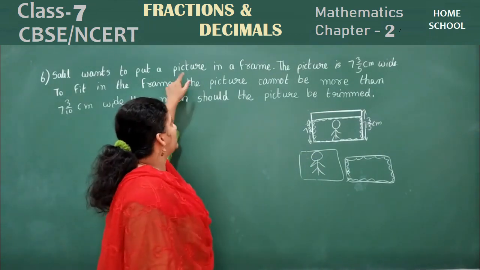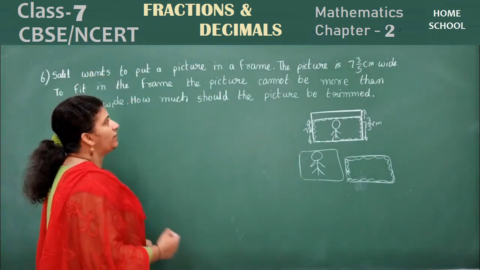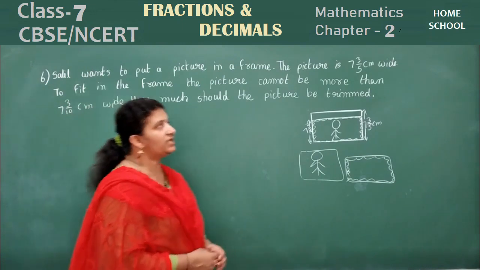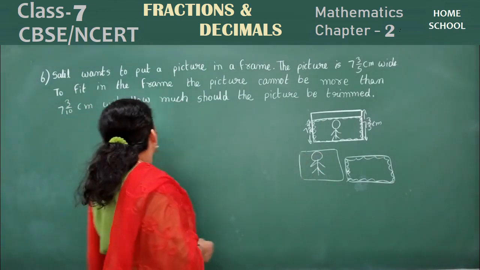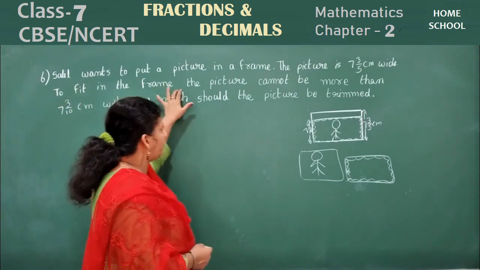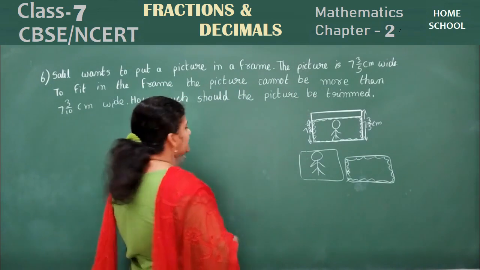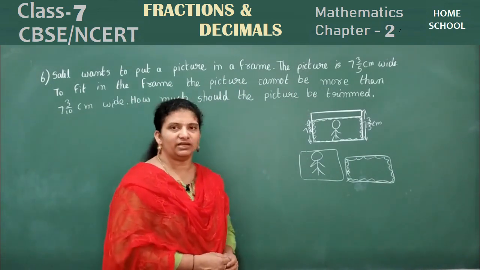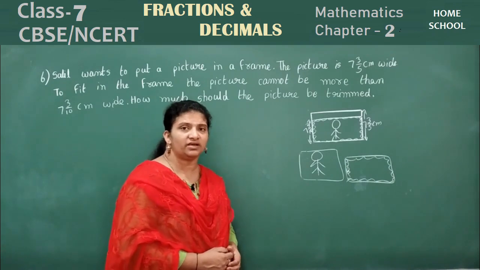So, let's read the problem here. Salil wants to put a picture in a frame. The picture is 7 3/5 centimeters wide. To fit in the frame, the picture cannot be more than 7 3/10 centimeters. Why can the picture not be more than 7 3/10 centimeters?